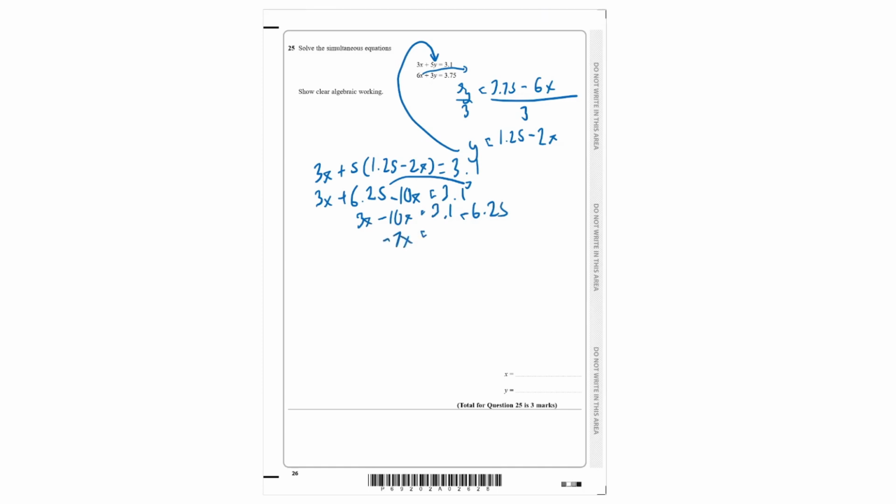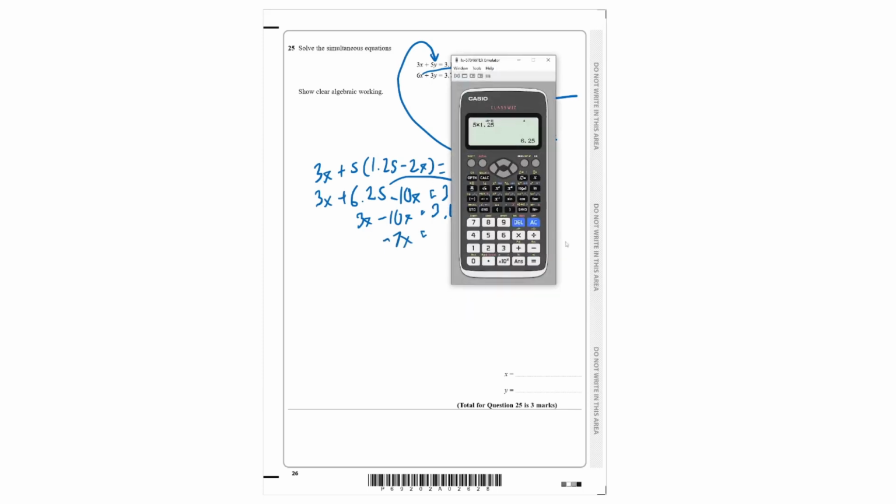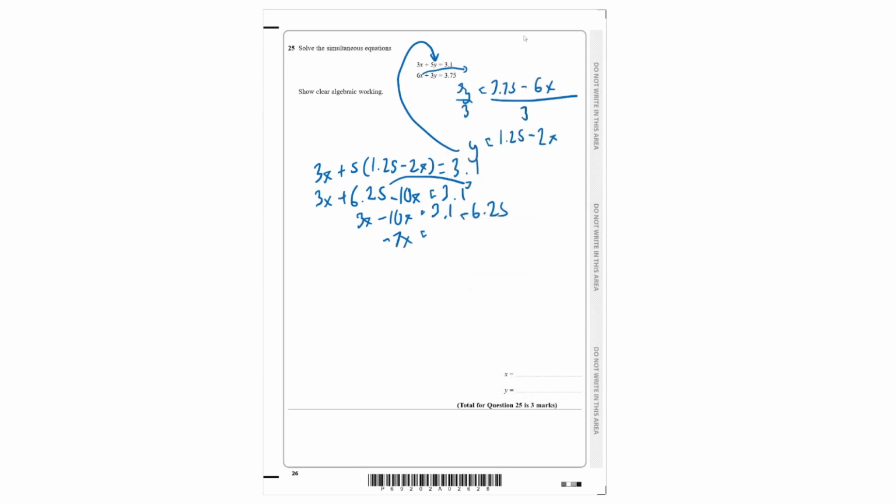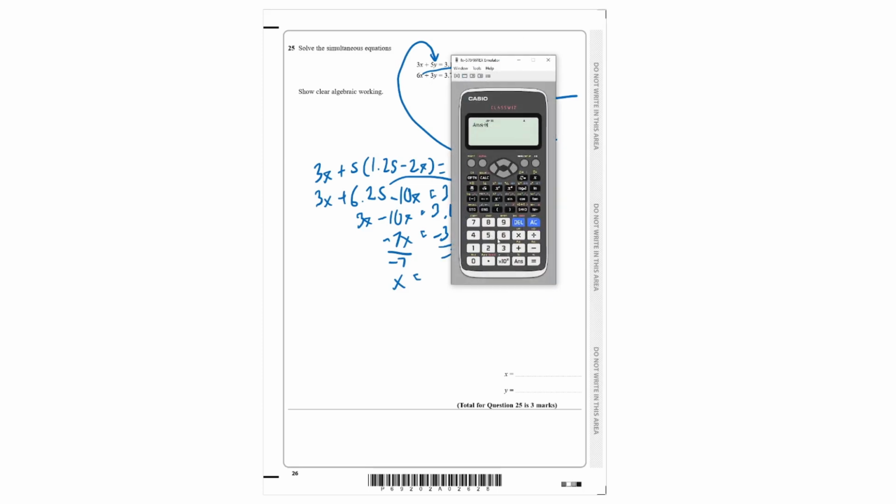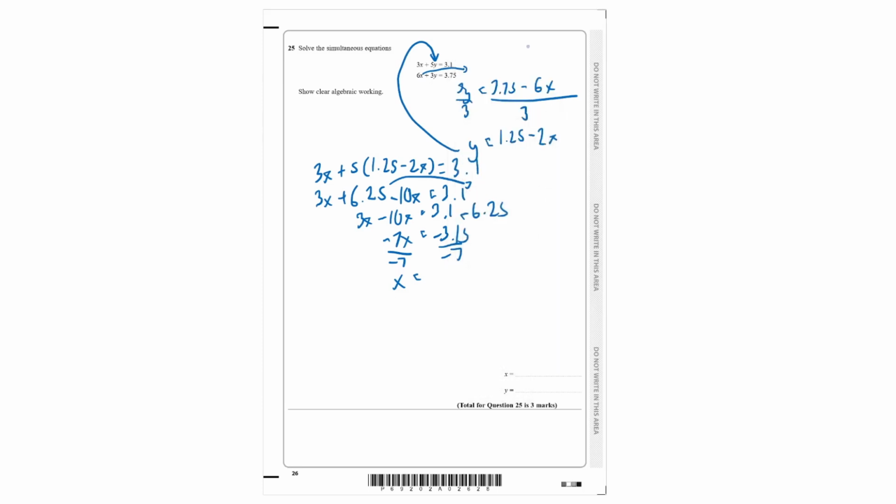And we have 3.1 minus 6.25 gives us negative 3.15. We divide both sides by negative 7. We have x is equal to negative 3.15 divided by negative 7 gives us 0.45.